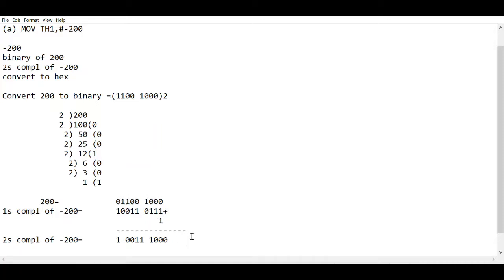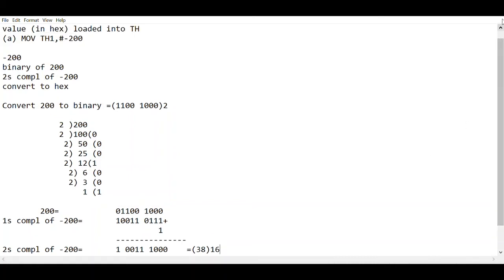So in hex it will be 3. That is hex of minus 200. So that is how you compute the value that is loaded to TH if it's a negative number.